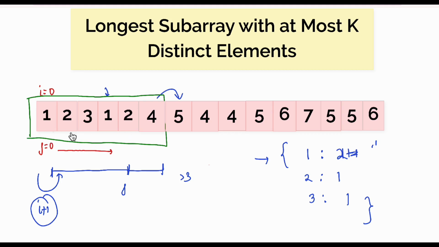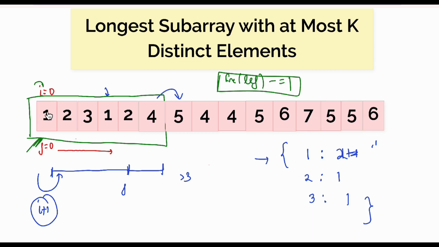Whenever I remove an element, in the frequency window I will reduce the frequency of the leftmost element by minus equal to 1. Remember, we have to reduce the frequency of the leftmost element. We do not need to touch the rightmost element because I'm removing my left element.